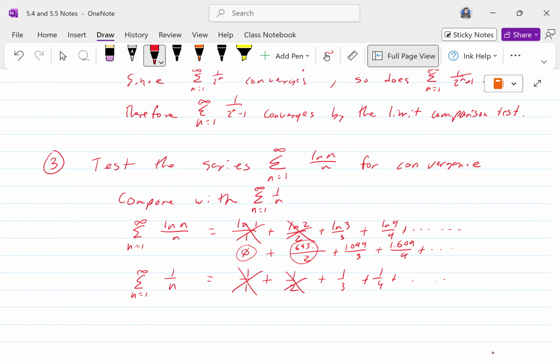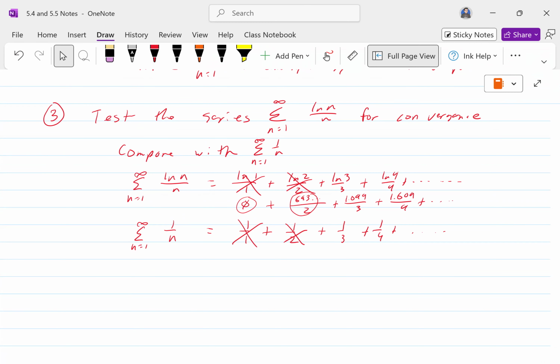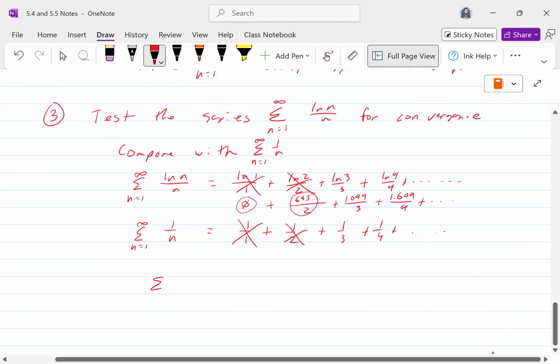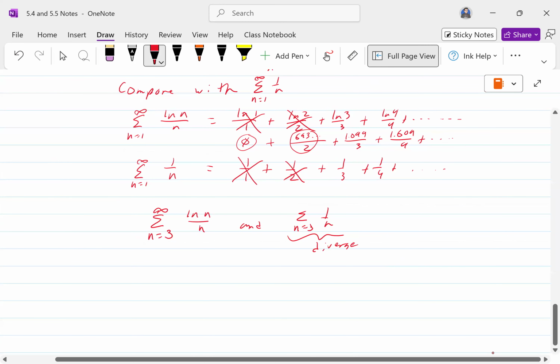We don't really care whether something converges or diverges. It really doesn't matter what the first couple terms are doing. It's either going to converge or diverge. We can chop off the first 2 terms. That's fine. Now if we restart these with n equals 3, natural log of n over n, and n equals 3 for 1 over n, then we know that this thing diverges.